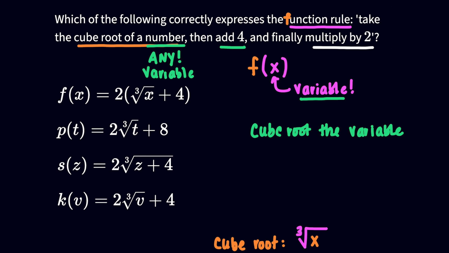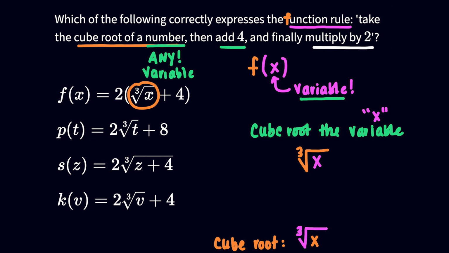So that's exactly what we're doing. We're going to say that our variable is this, X. So we're going to have our X value, and we're going to cube root it. So I need to at least see a cube root with an X under it. So what we can do is we can just run through our answer choices just to see if we can get rid of any answer choices.